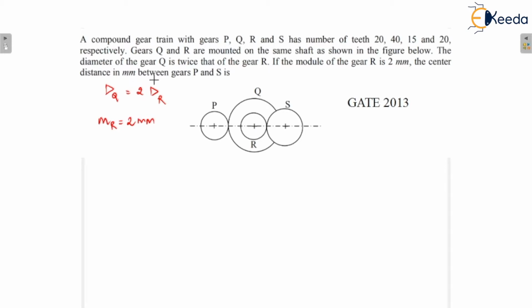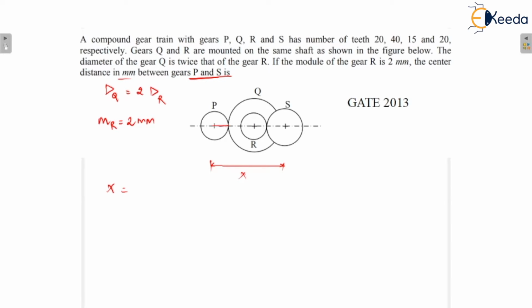The center distance in mm between P and S. That means you have to find this distance from here to here. Let us consider that this distance is x. So x is equal to what?